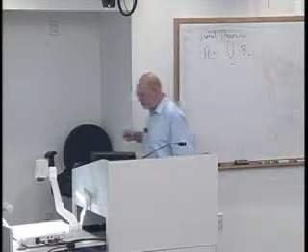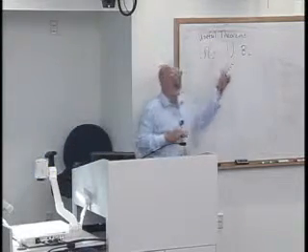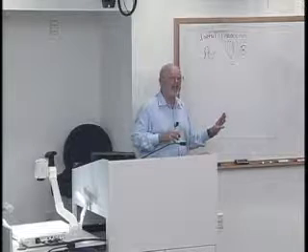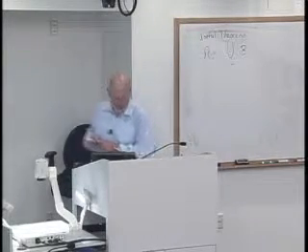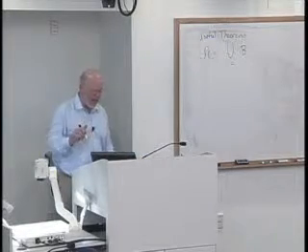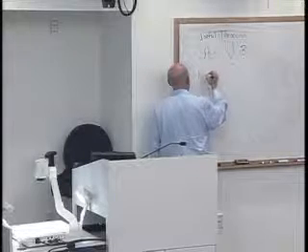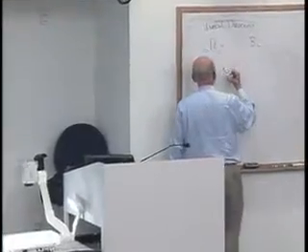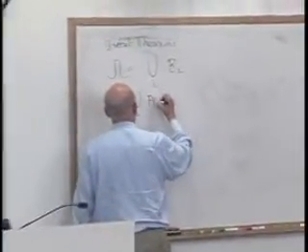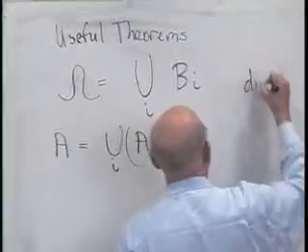And following the book's notation, I'm going to write it just as the union over i of B sub i. This leaves open the possibility that it's a union of an infinite number of events, but it could also be a finite number of events. And then I can say event A can be written as the union over i of A intersected with each of these events.